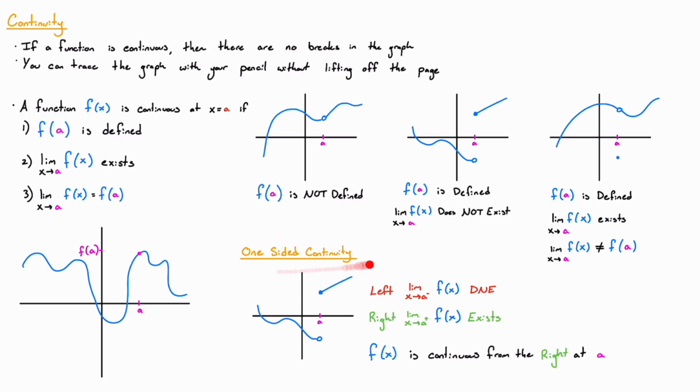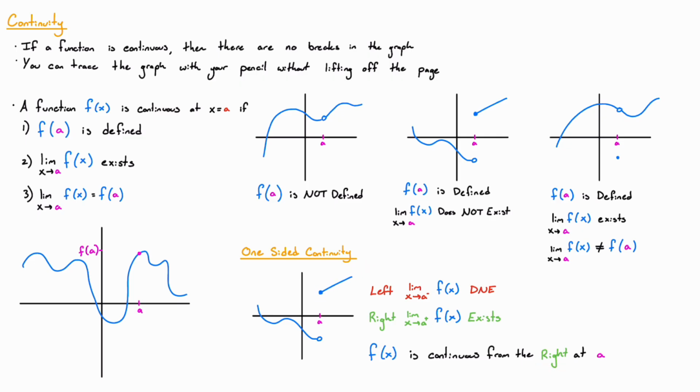You can also have one-sided continuity. So if we take a look again at our second graph, if we take our left-handed limit, that does not exist at a because we have this open circle. However, our right-handed limit, we do get a point here. So this right-handed limit does exist. And so we can say that f of x is continuous from the right at a because I'm looking just on this point of the graph at a.